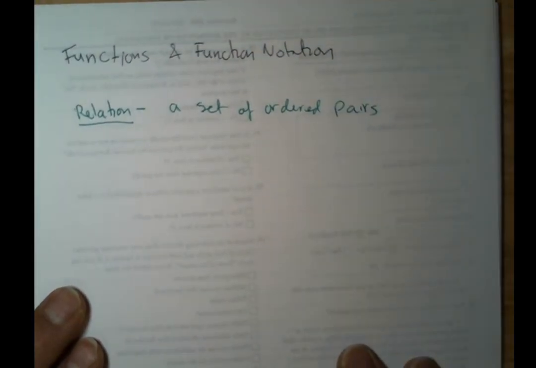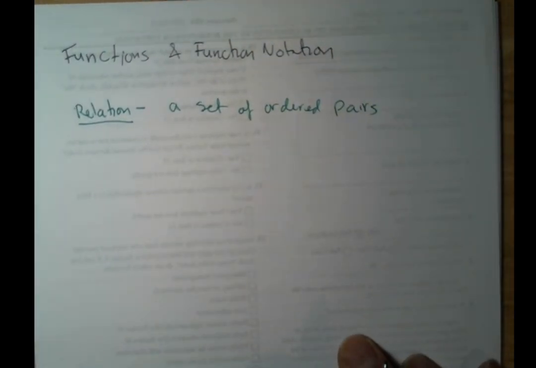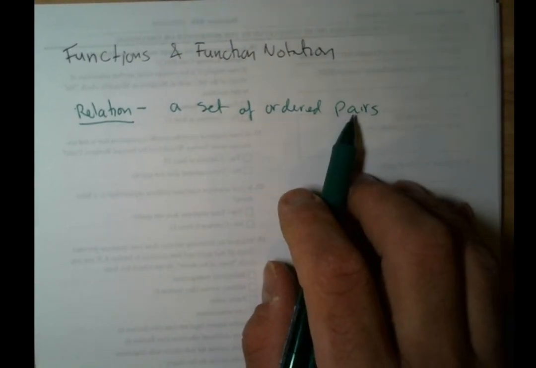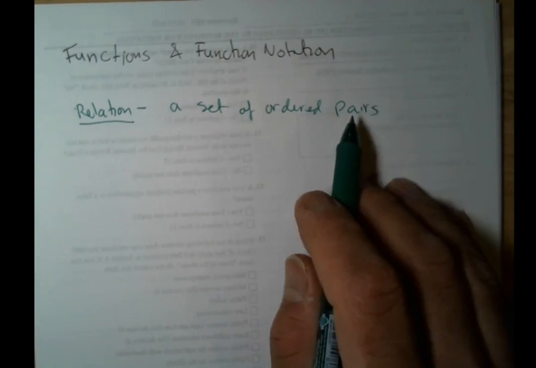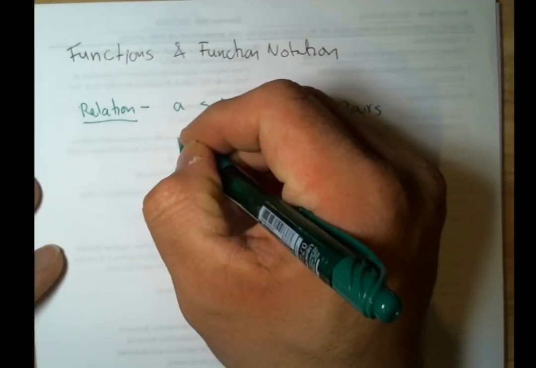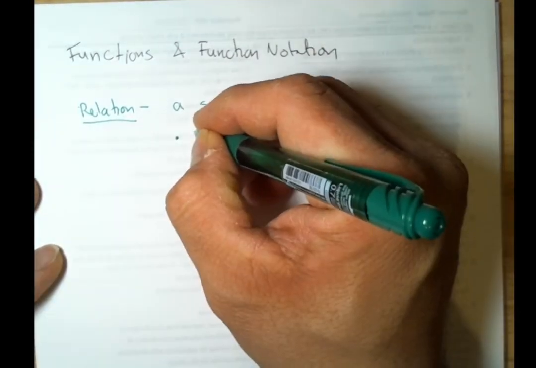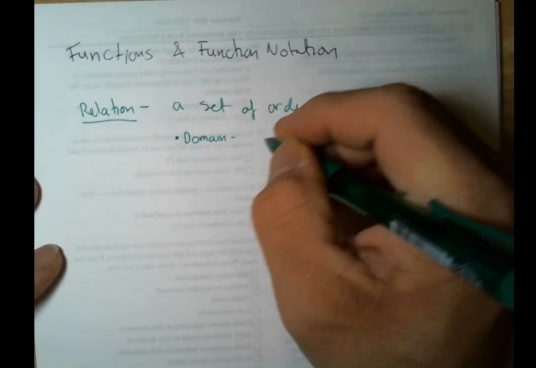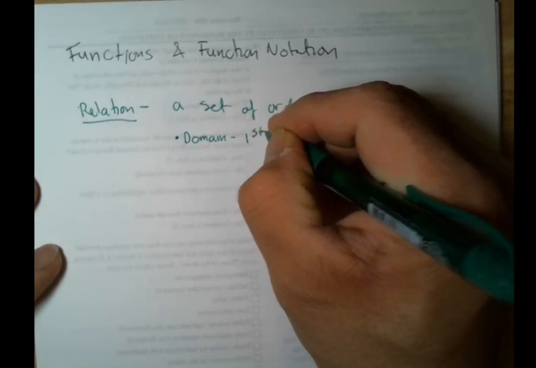Now, the set of ordered pairs consists of two parts. First of all, it's ordered, so what comes first and what comes second is very important, and it's a pair, so there are two of them. Now, the first part, the domain, is what we define as our first component.